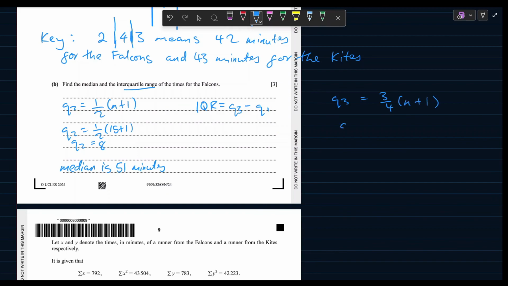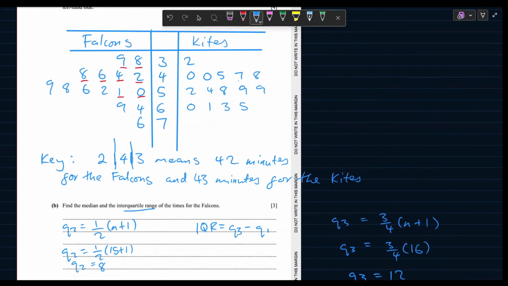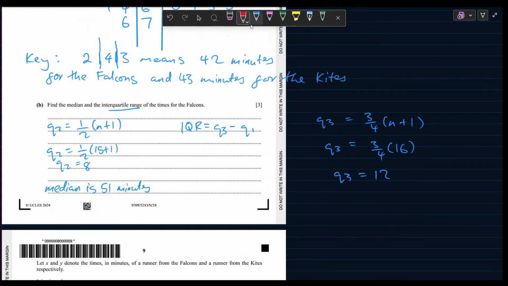Our n is 15, so this is 3/4 of 16, which is 12. So Q3 is in the 12th position. Instead of counting from the beginning, we know that our median is in the 8th position. So this becomes 9, 10, 11, 12. So 59 is Q3.